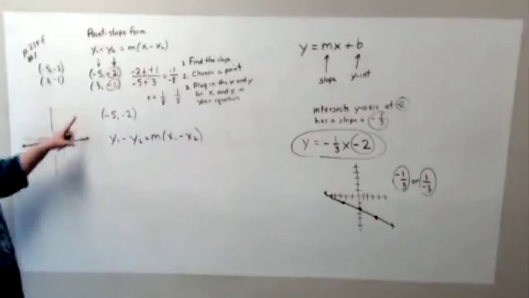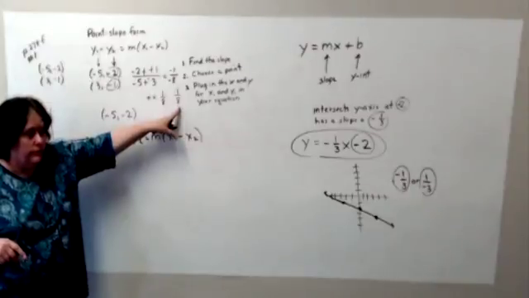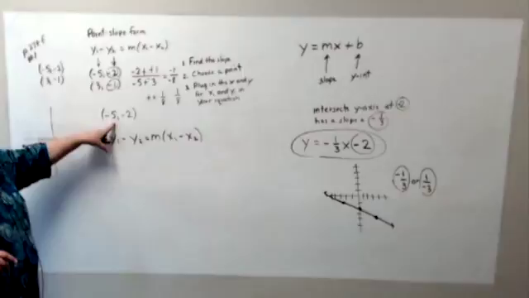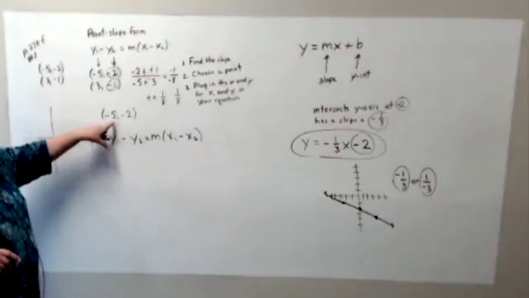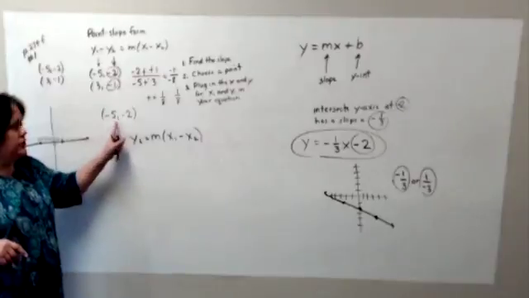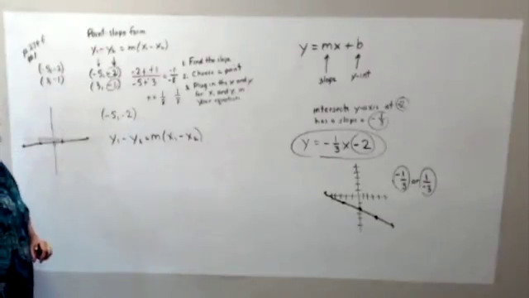So step 1 is use these 2 points to find the slope. Step 2 is choose a point. Step 3 is take your formula and put these 2 into your formula. Does that make sense?